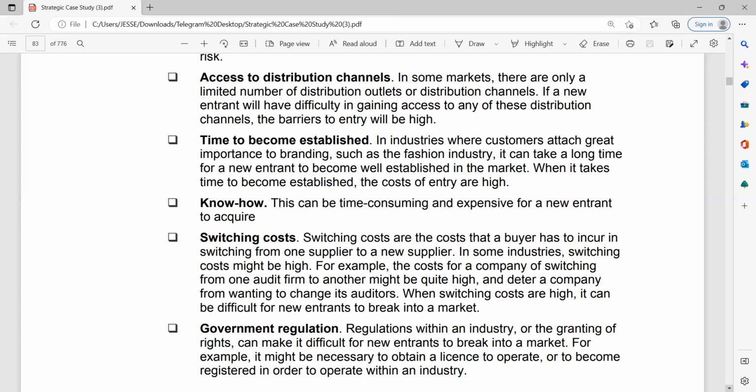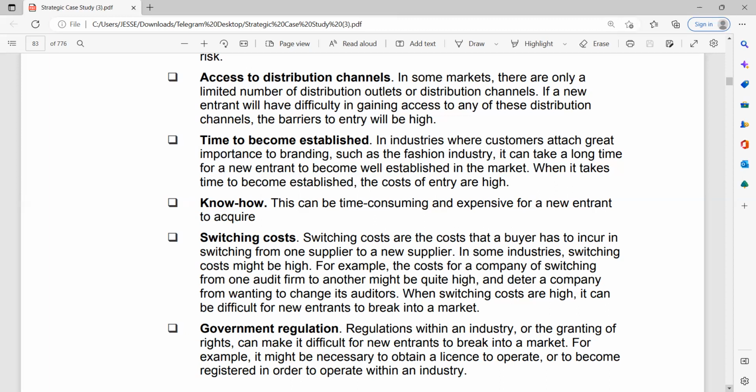And if these switching costs are very, very high, then it becomes a barrier, and it becomes difficult for new entrants to break into the market.